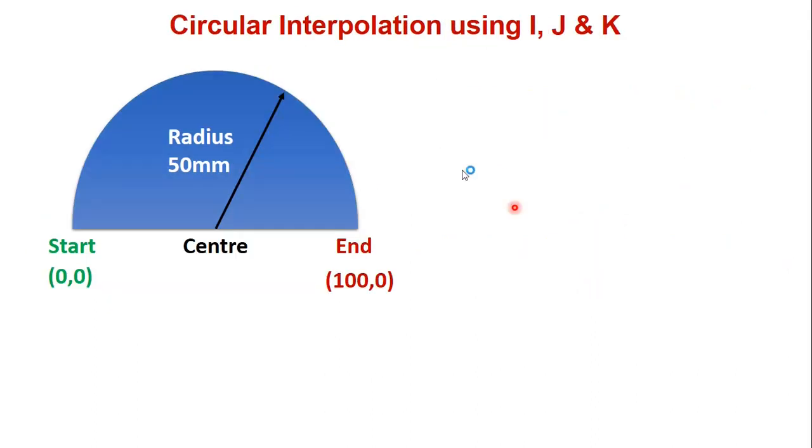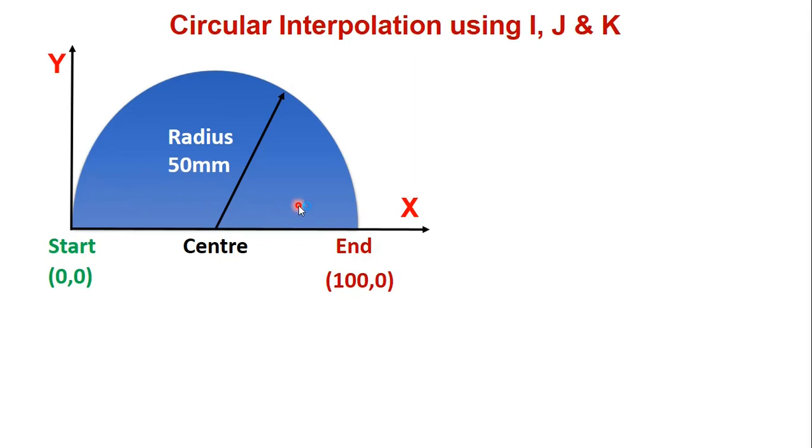So let's understand what I, J and K stand for. I have taken again the same problem, the half circle with starting point 0,0, end point 100,0, radius of 50. Before starting the definition, I am just giving the x-axis and y-axis. This is my zero, so I mounted that complete half circle into this coordinate system.